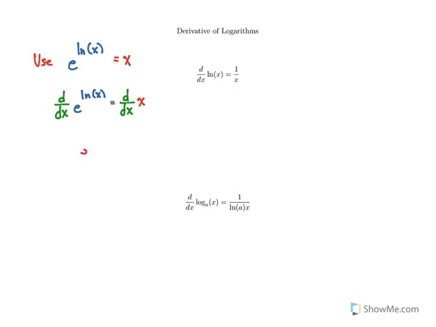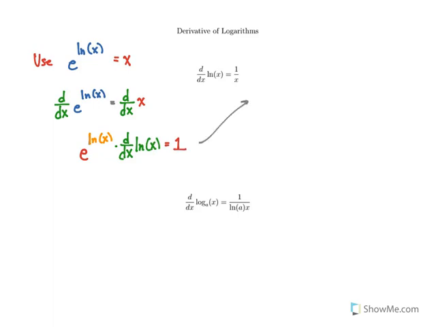We're going to take the derivative of the outside, which is just e to the x, leave the inside function alone, and we're going to multiply by the derivative of the inside function, and this should be all equal to 1.